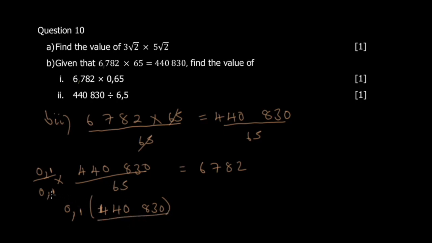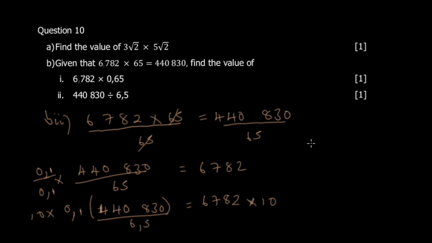By 6.5, because 0.1 times 65, you get 6.5 here, equal to 6,782, like this. So here, this one we have to get rid of it, so that it comes to the other side. How do we do it? We multiply by 10. If we multiply one side by 10, we also have to multiply the other side by 10 as well.